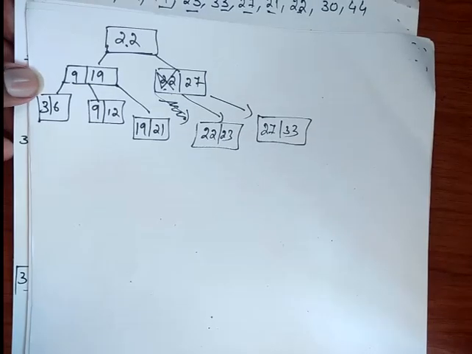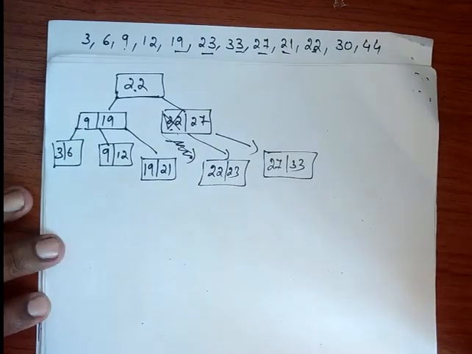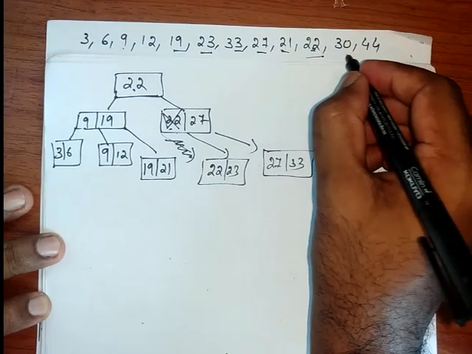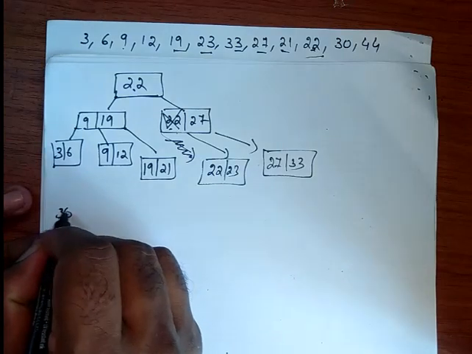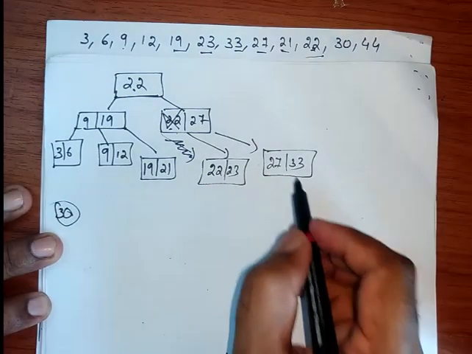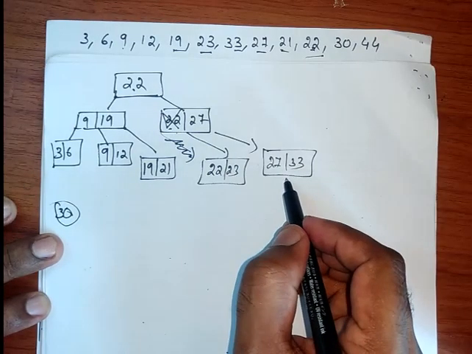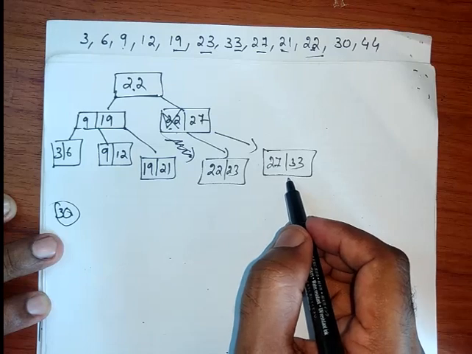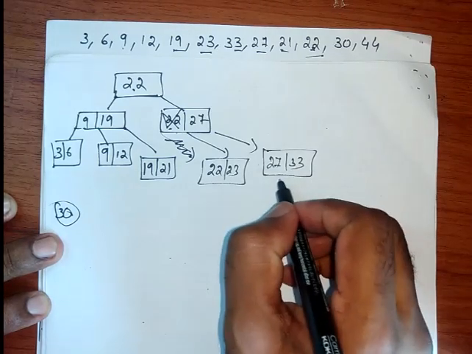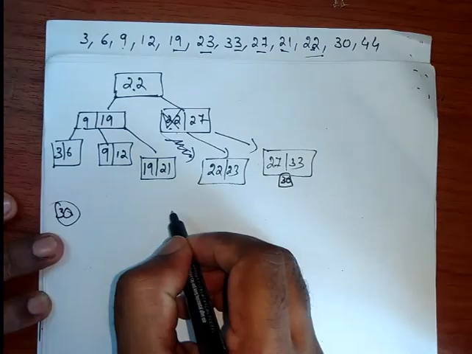Okay. So next we can insert the rest of the values. We have two more items left from the list: 30 and 44. So when inserting 30, it will arrive in this node. It must be between 27 and 33.